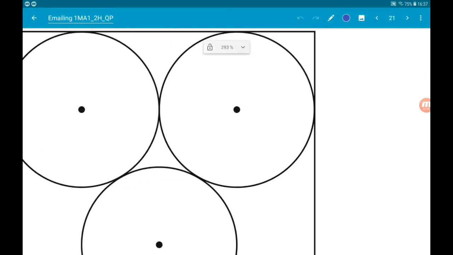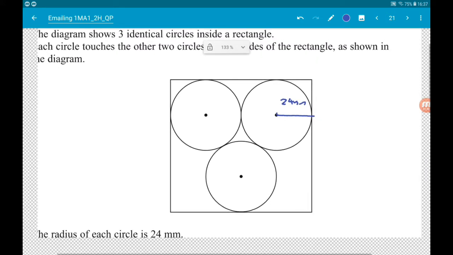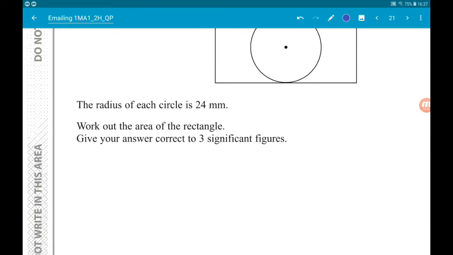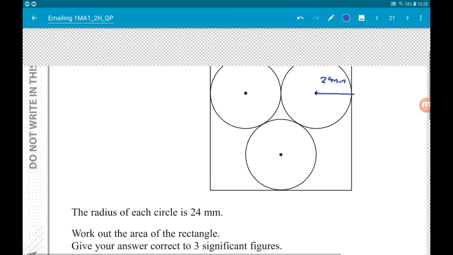So we know the radius is 24 millimeters. So the length is 4 times 24 millimeters, which is 96. Okay, so, well, that's not so bad so far.